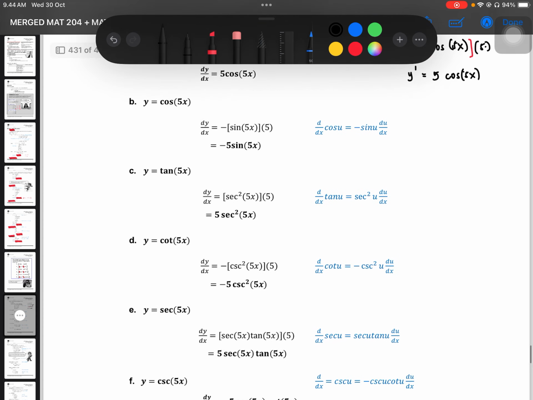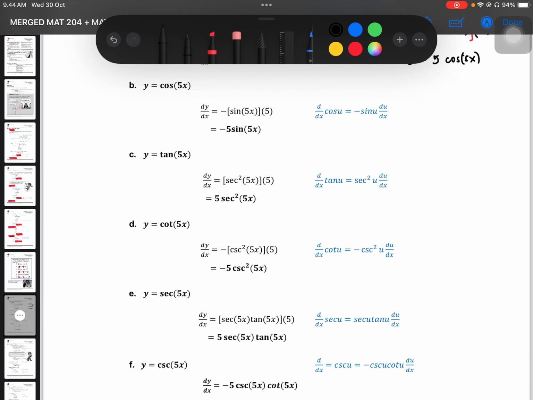Now, let's proceed. Let's try on the y is equal to cotangent 5x. So, we have y is equal to cotangent 5x. So, y prime, let's get the first derivative. Y prime, ano ang derivative ng cotangent? It is negative cosecant squared u. Ang u natin is 5x. And then, let's get the derivative of 5x.